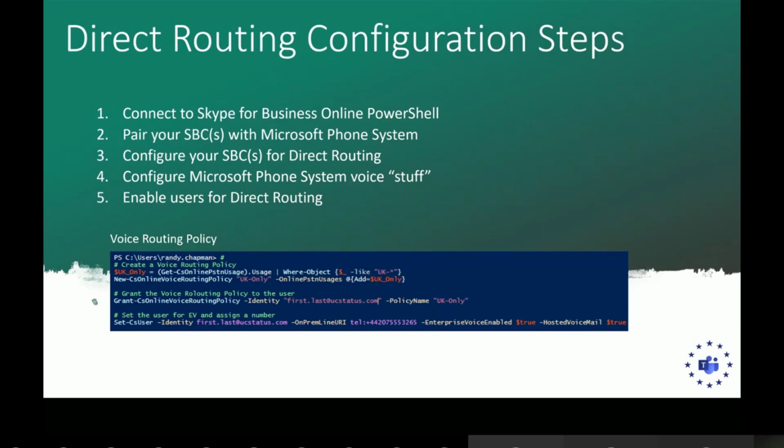The on-prem line URI is a field only pertinent to somebody that has the phone system license, is homed online, and this is a number that lives with your SIP provider or your ISDN provider. It's a free text field, tel colon plus, E164 format, and you're setting a phone number and enabling them for voice.